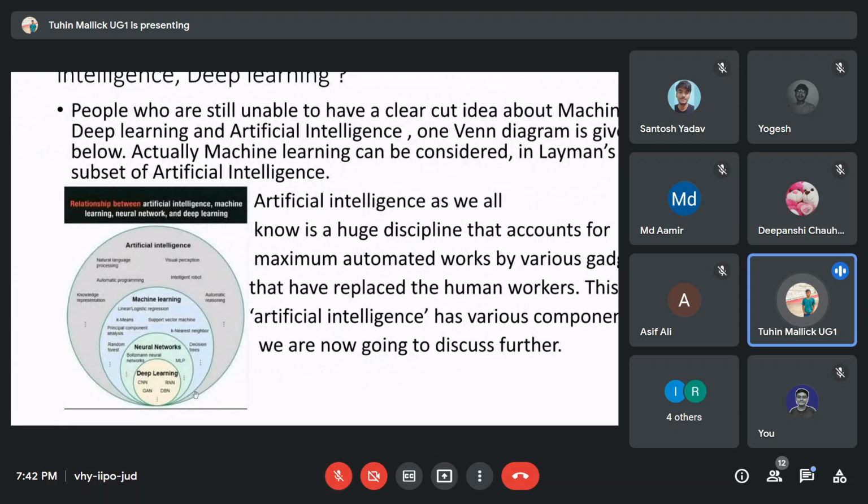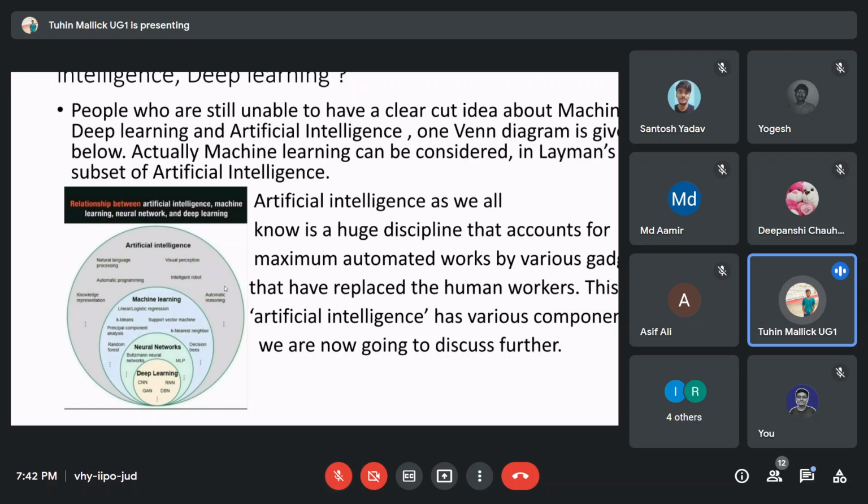As you can all see here, artificial intelligence is the larger part, the larger domain. It is the superset. And within this, there are various subparts like natural language processing, automatic programming, knowledge representation, visual perception, intelligent robots, and automatic reasoning. One of the parts of this artificial intelligence itself is machine learning.